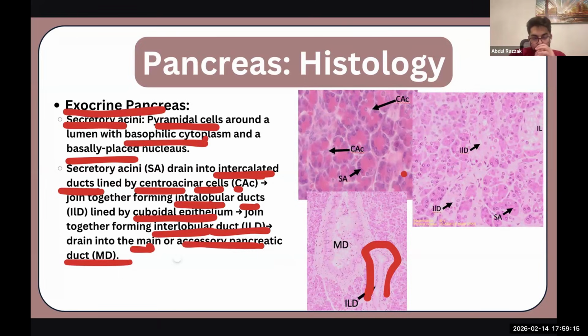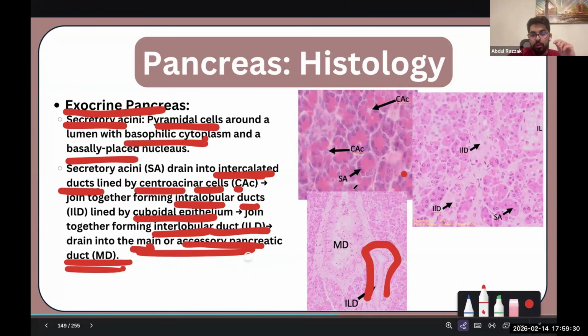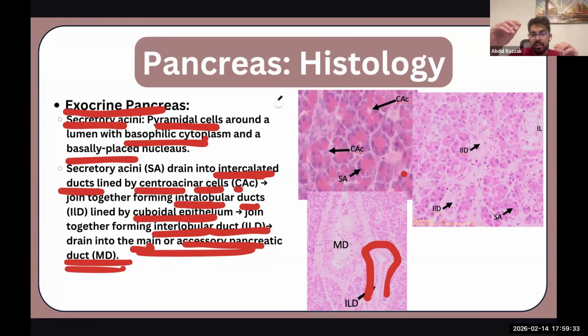A very important clinical concept here is that I actually saw it in one of the previous exams, so I thought I'm going to explain it. In cystic fibrosis, okay, there is loss of the function of the ducts, the main or accessory pancreatic ducts. So this is going to result in pancreatic enzymes staying inside the pancreas. They're not going to be able to flow into the duodenum.